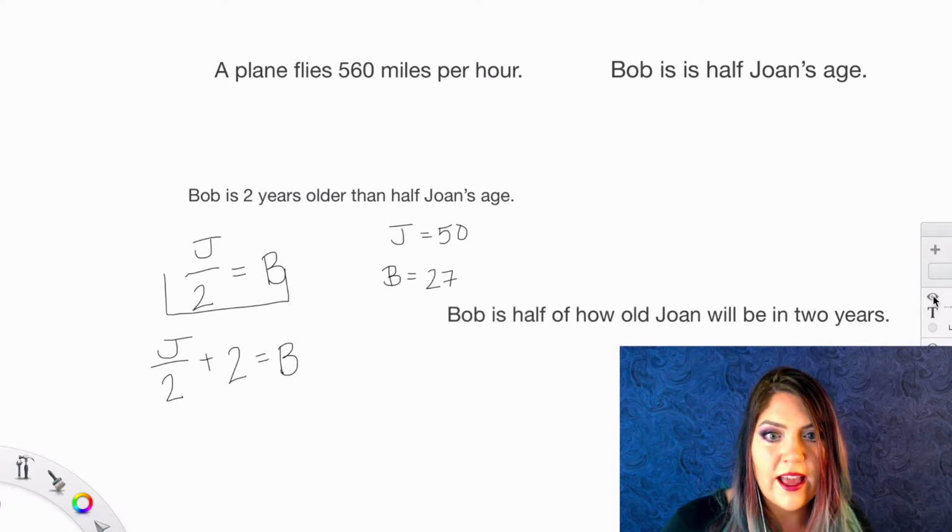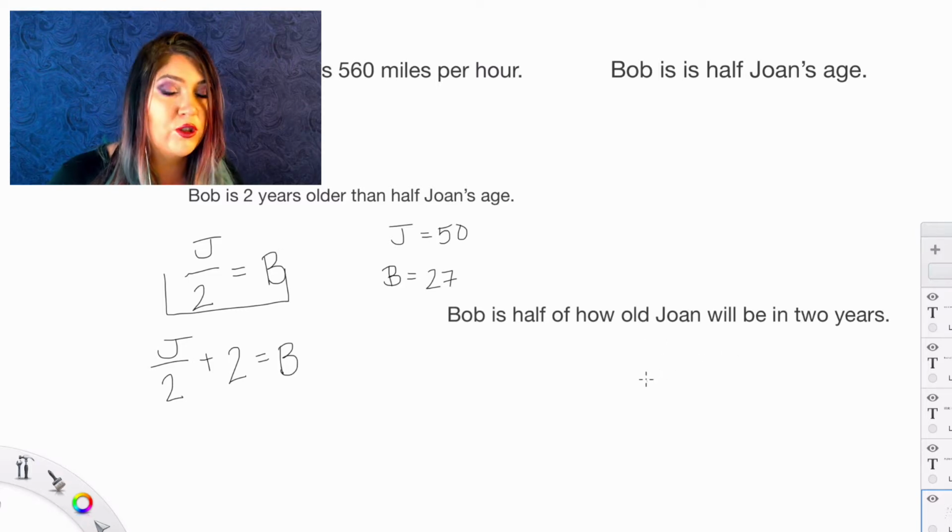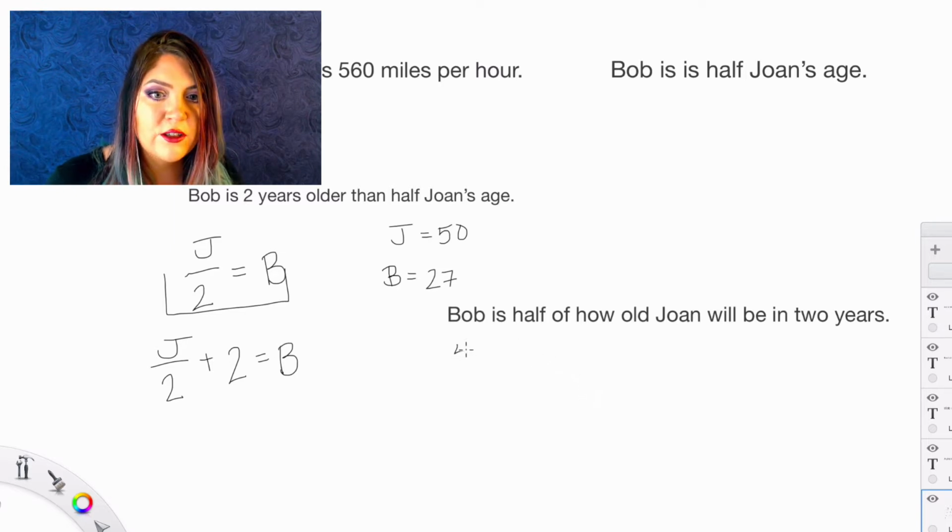All right, and Bob is half of how old Joan will be in 2 years. All right, let's start with the real world example. Let's say Joan is 50 now. J, and I'm going to write sub now, is 50. J in 2 years is going to be 52.